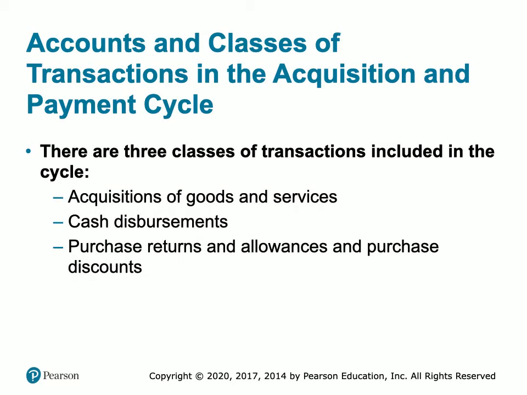So when you look at the accounts and classes of transactions in this cycle, it's goods and services, which we talk a lot about in this class, as you'll be dealing with software companies a lot in Silicon Valley. And so, goods and services, payroll, consultants, marketing expenses, those are the types of things you deal with in software companies.